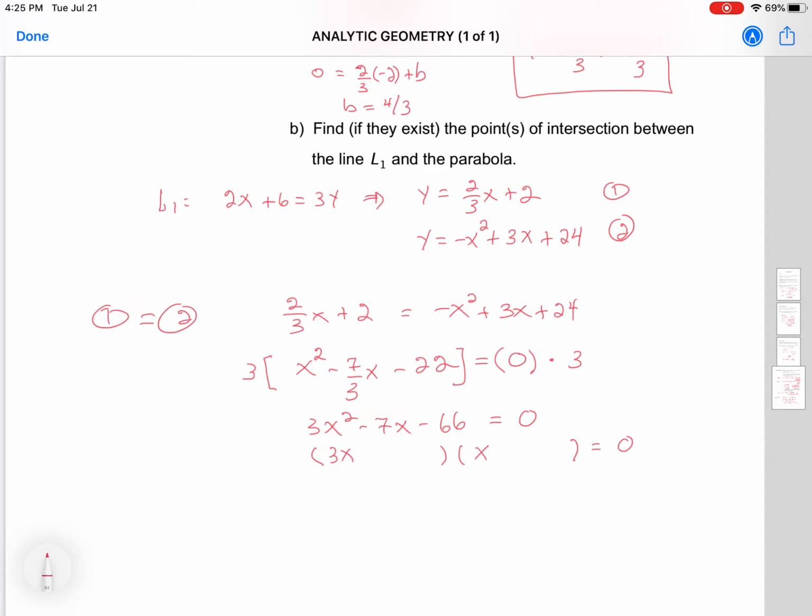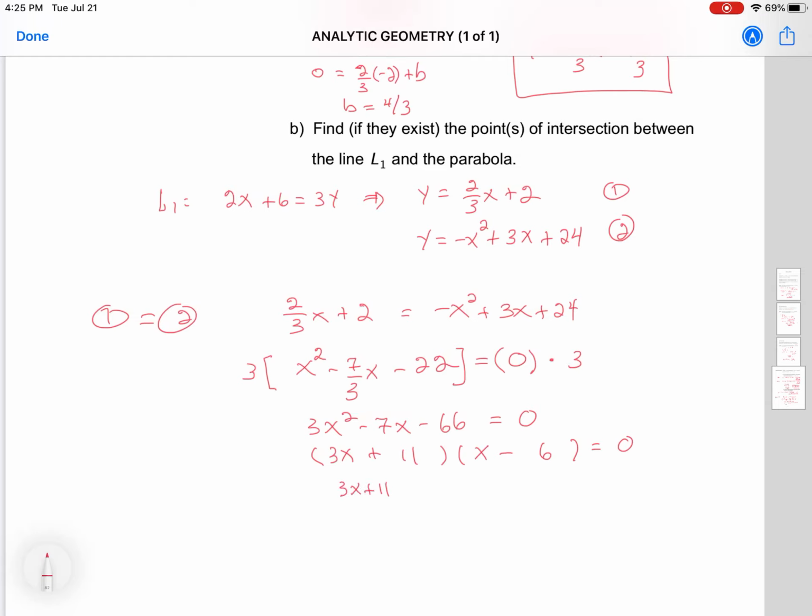Factoring of this can be done with a little bit of patience. Here's 3x, here's x. 66 is not that many things actually, and 11 times 6 is most likely going to be the winning ticket.